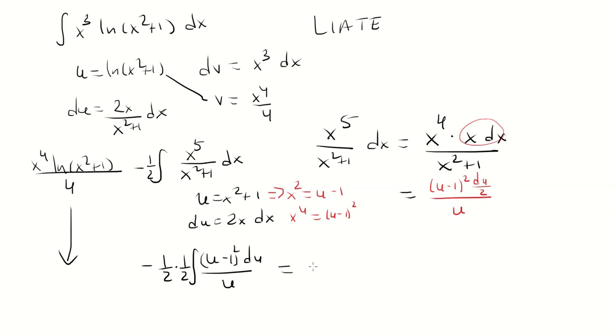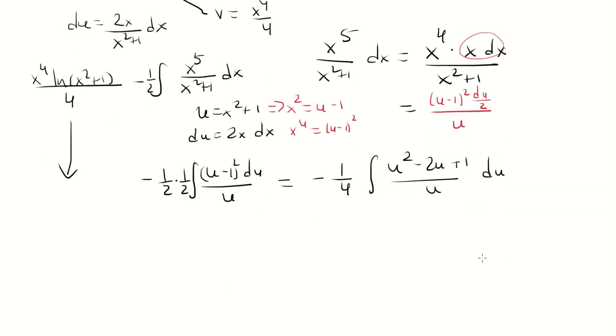And so this will be negative 1/4 times u squared minus 2u plus 1 over u. And then I can split this up into three separate fractions. So this is u minus 2 plus 1 over u.